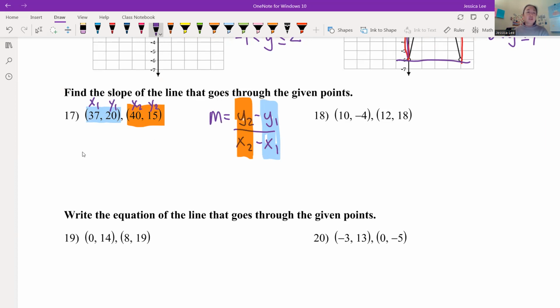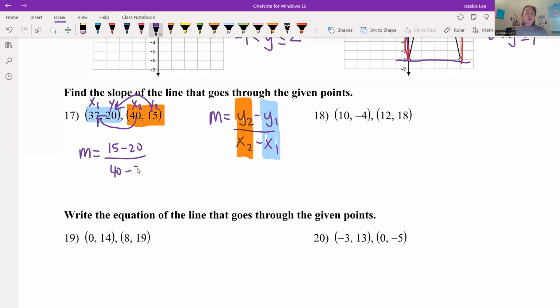All right, so now we're going to just plug everything in. So our y2 is 15. I'm going to subtract it from y1, which is 20. So 15 minus 20 over, well, this is x2 minus x1. So x2, 40 minus 37.